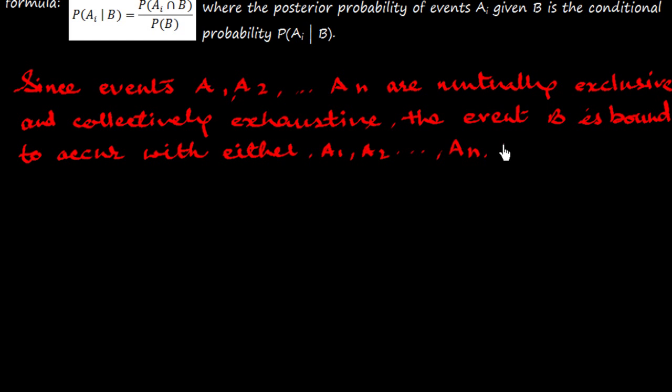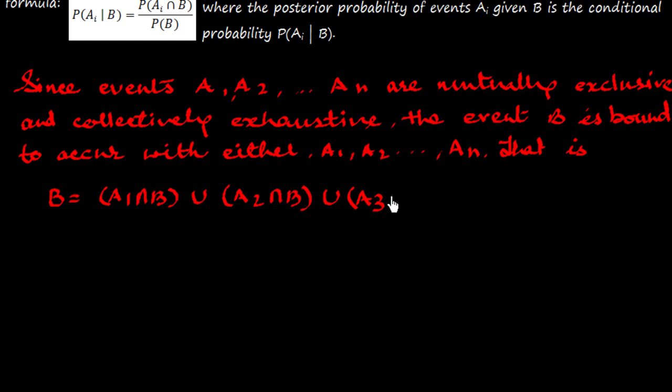That is, B is equal to A1 intersection B union A2 intersection B union A3 intersection B and so on up to union An intersection B.